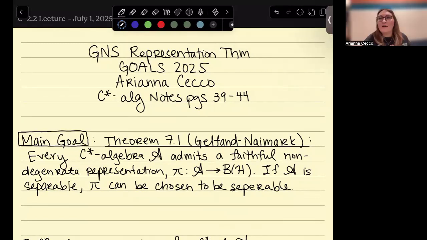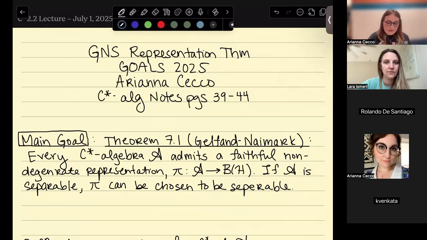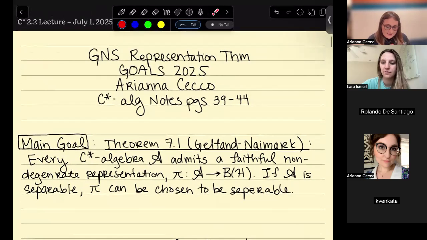Today I am going to be talking about the GNS representation theorem. And this is covered in the C-star algebra notes from pages 39 to 44.